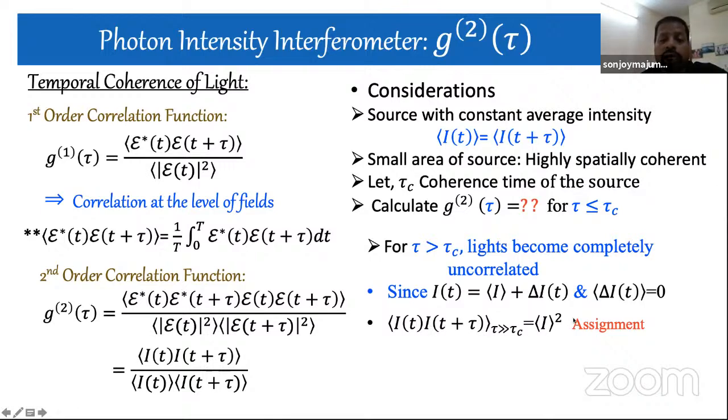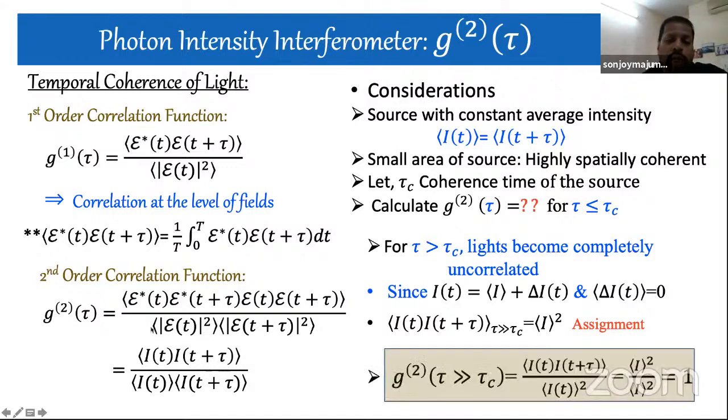Then you will see that this is nothing but mean I square, which we can keep as a constant. So this is the intensity correlation for tau much larger than tau c. Then in the G2 term, the numerator and denominator both become the mean value of I square.